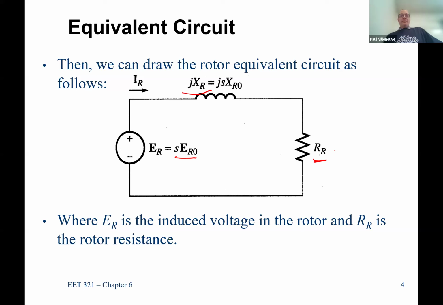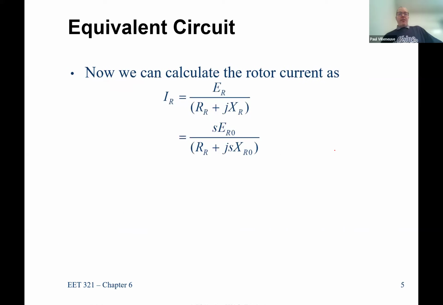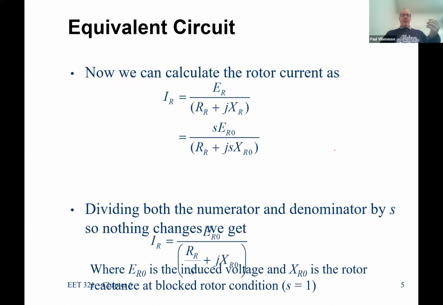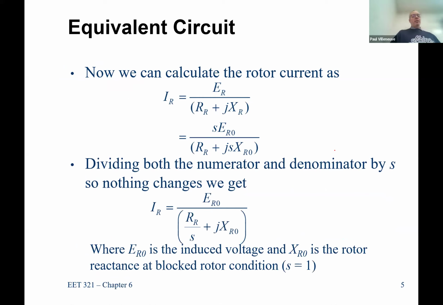All right. So we're going to modify our circuit to include that. Now we can calculate our rotor current, which is the current going through the rotor: our rotor voltage divided by R sub R plus jXR. But now we're substituting in our blocked rotor conditions, and we just make one little tweak.